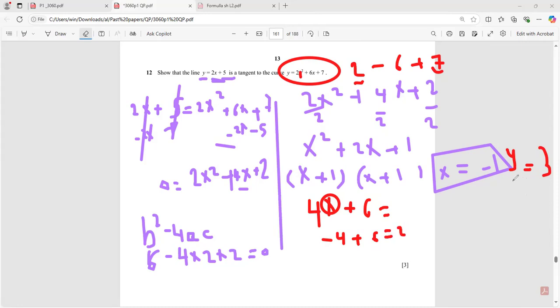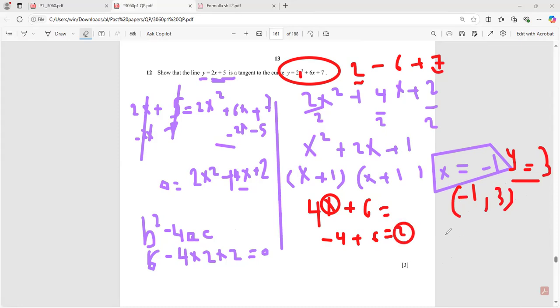So now we have to get the equation at this point, (-1, 3). We have to get the equation from the point and gradient.